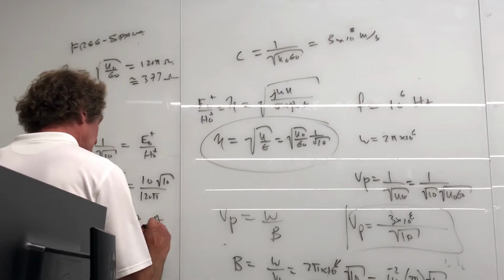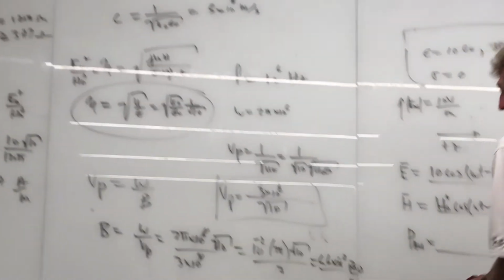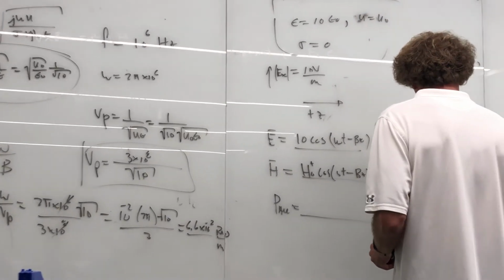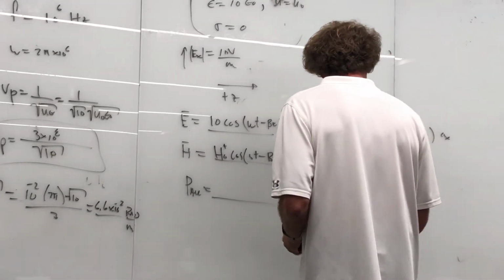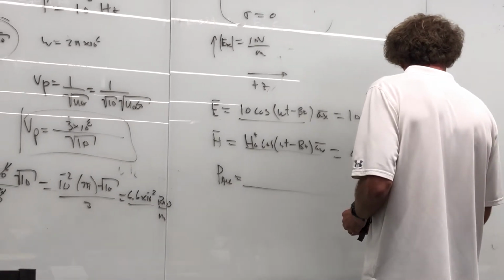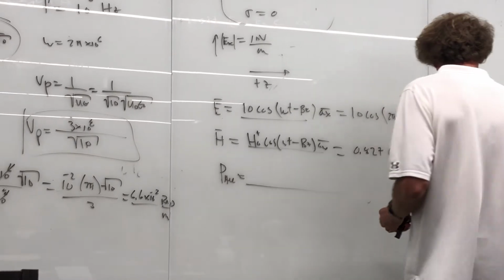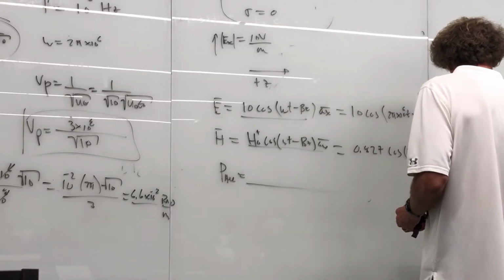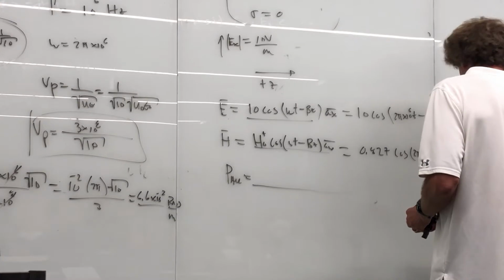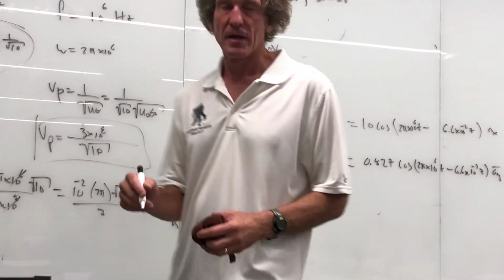And that would be amps per meter. So that means this is 0.827 times cosine of the same omega, 2 pi times 10 to the 6th t minus 6.6 times 10 to the minus 2 z, and it would be in the AY direction, so that's the H field.